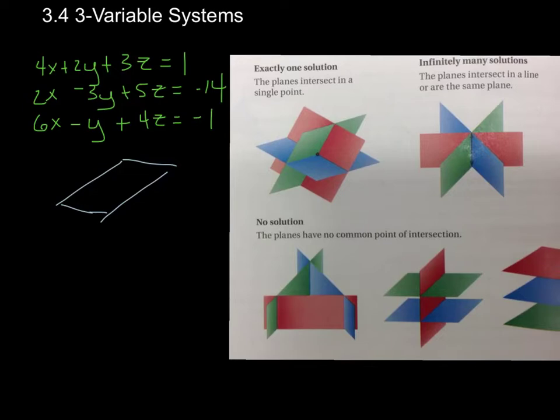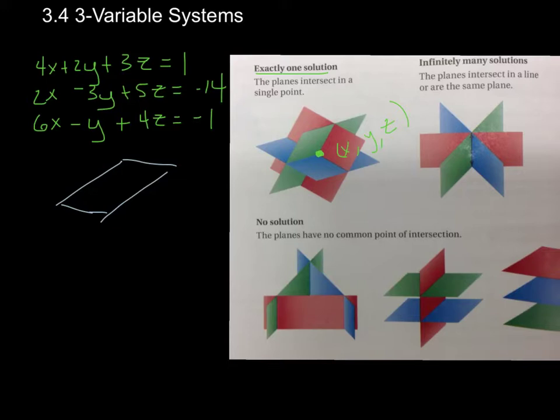In the diagram, I've got a red, green, and blue plane. If there's exactly one solution, you can see that those three planes have one point in common. The red plane, the green plane, and the blue plane all share that point in the middle. That's the one solution, and that would be some x, comma, y, comma, z.